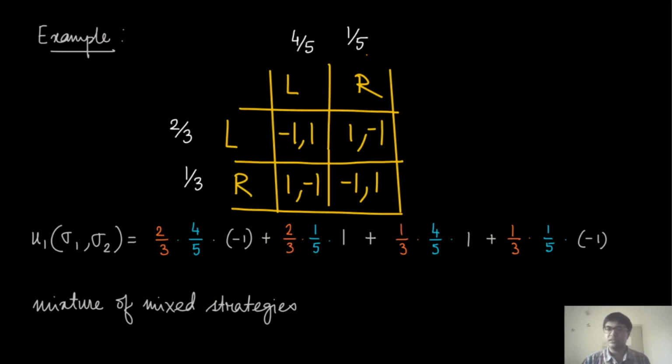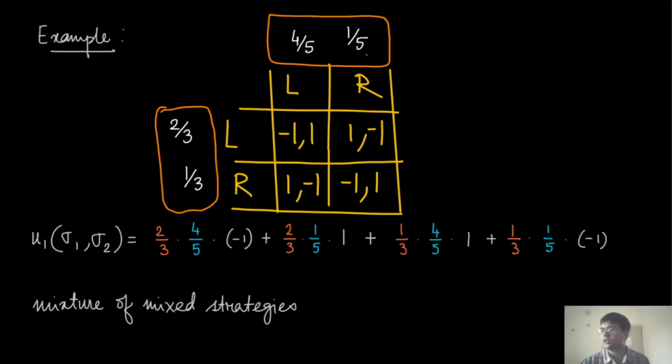So this is the original goalkeeper and shooter game. And let us assume that player 1 is choosing the strategies L and R with probabilities 2/3 and 1/3 respectively, and player 2 is choosing the strategies with probability 4/5 and 1/5 respectively. Now what we are going to find is the utility at this mixed strategy profile.